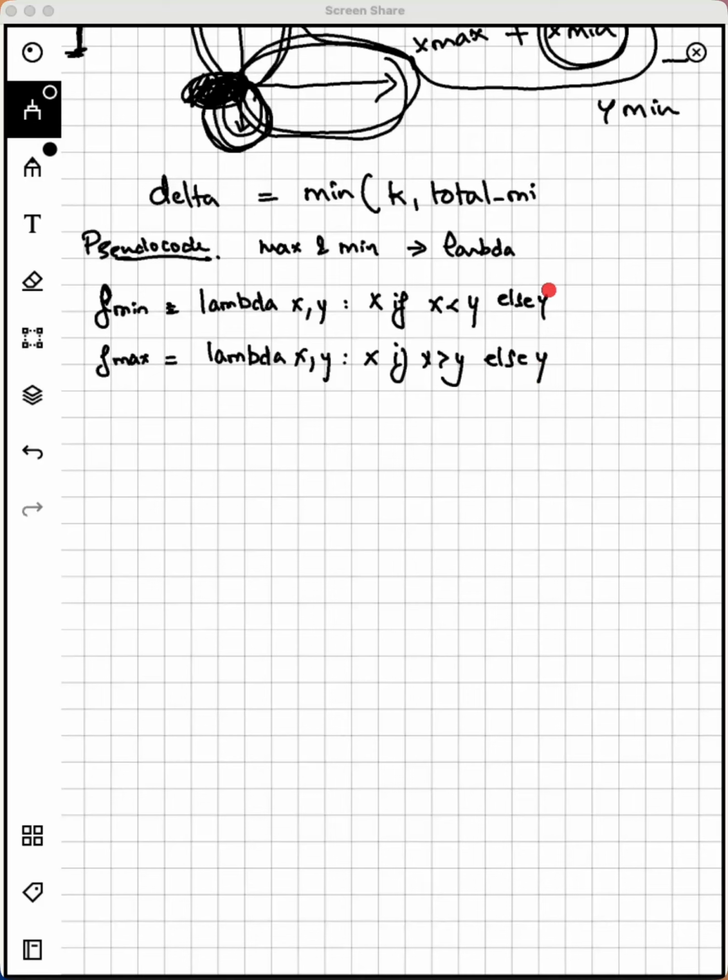Now these are much faster than your traditional min and max, because min and max has a little bit of overhead. It needs to identify what the input type is, and because it can handle so many different input types, you can either send an array or you can send two values, it becomes a little bit slower.